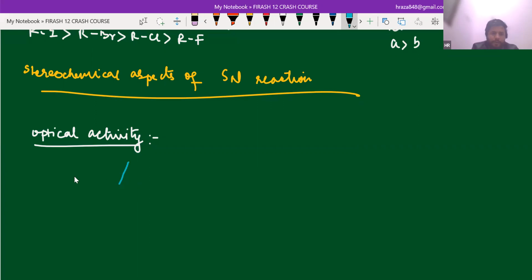Okay. There is a plane polarized light that is going through a Nicol prism, and there is a solution. See, this is the plane polarized light.